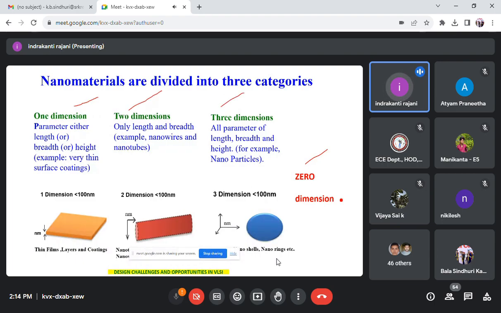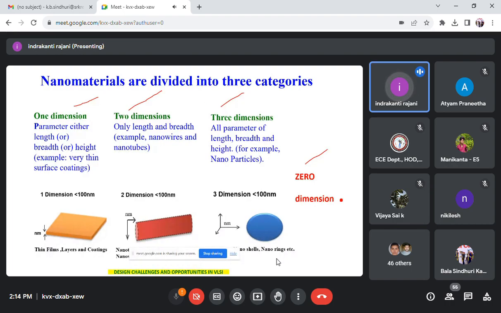Taking a cube, there will be length, breadth, and height. If one dimension is in the nanometer range, we say it is a one-dimensional nanomaterial. If two dimensions are in the nanometer range, like length and breadth, and height is not in the nanoscale, then we say it is two-dimensional.